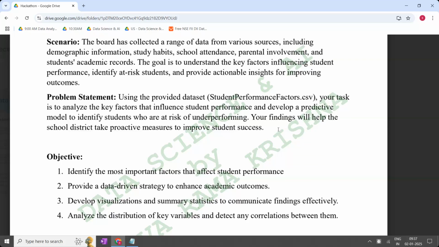Not only in the government schools, even in the private schools, they will analyze the data in order to improve the student success ratio, right? Now here we are majorly focusing on this: your findings will help the school district take proactive measures to improve the student success.